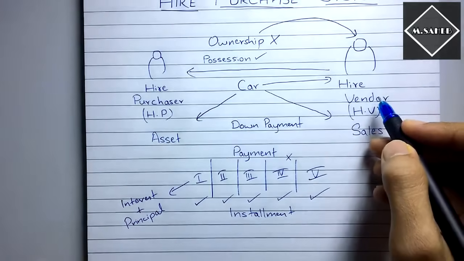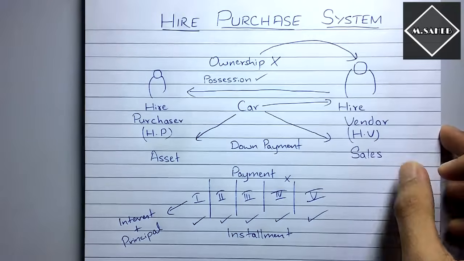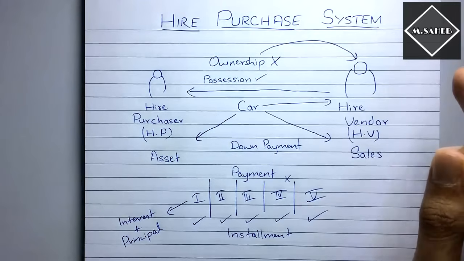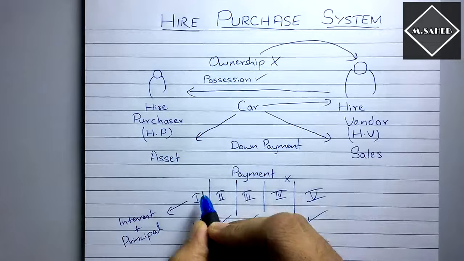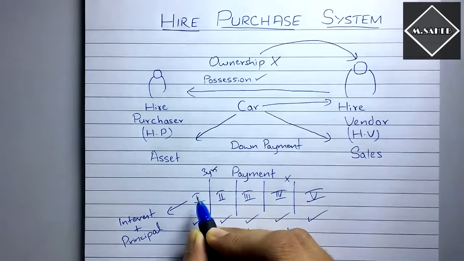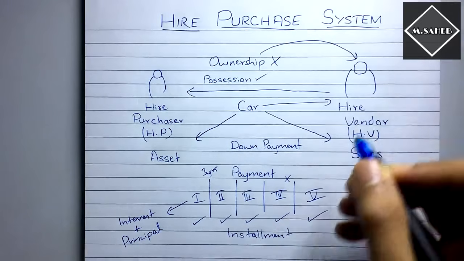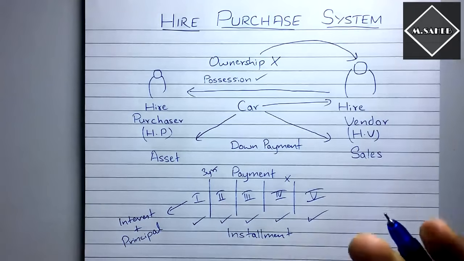But the hire vendor will say, see, according to the Indian law, I don't have to pay you a single penny because he has used that car for 3 years. So he will say those were the rentals, those were the hire charges that you paid me.